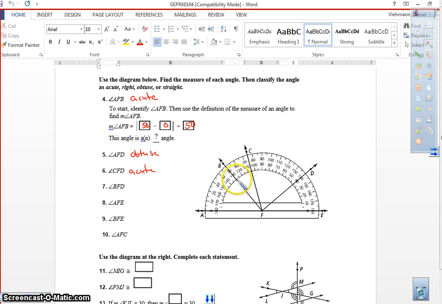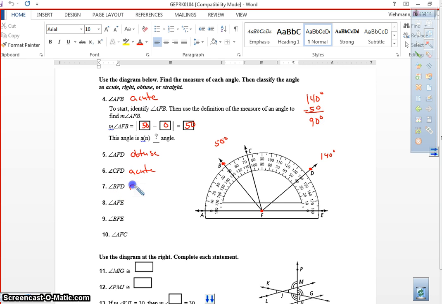All right, so the next one is angle BFD. So that's 50 degrees, it's our starting point. Work our way around to 140 degrees. So we'll take 140, subtract 50, and what do we get? 90.